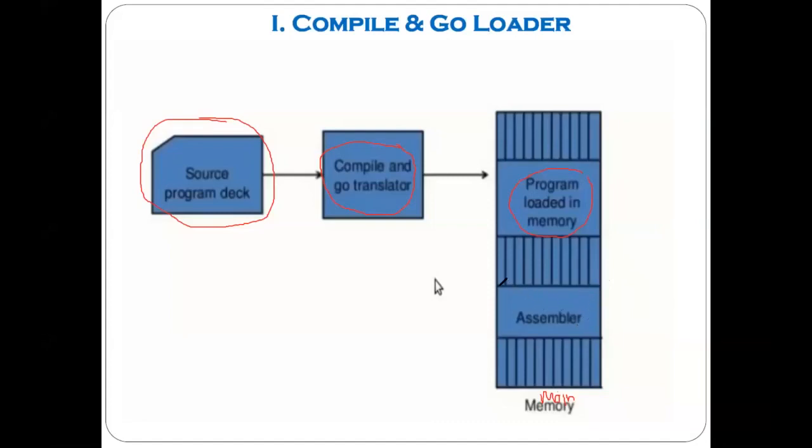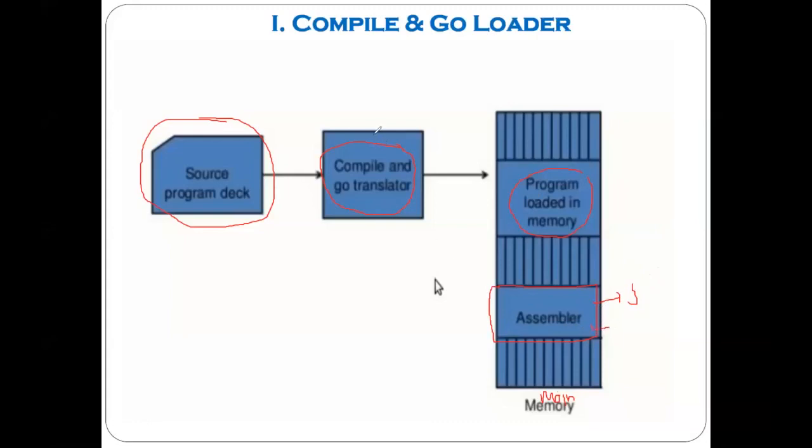Now, you can see the assembler is one particular system software, correct? Just like our compiler, the size of the assembler always used to be big. Now you see the assembler itself is in the main memory.